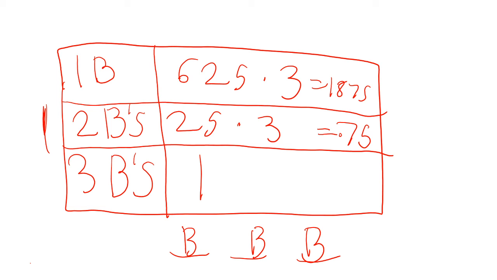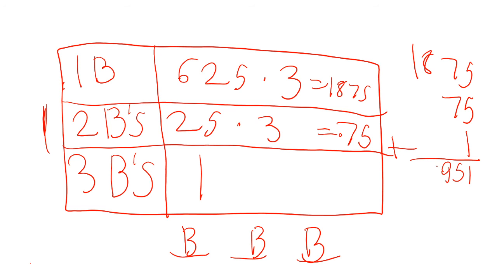That's what we do to find the number of configurations. 75, add a 1. Alright, so our grand total is 1,951.